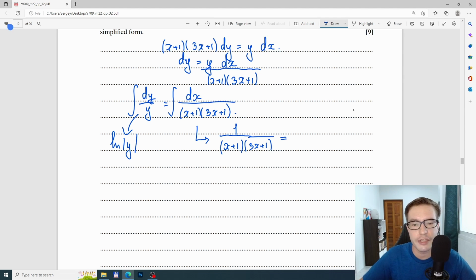And both factors in the denominator are linear, so that means our partial fractions are going to look like a over x plus 1 plus b over 3x plus 1. Now combine them together. Again, use the common denominator. So we're multiplying a by 3x plus 1. And we're multiplying b by x plus 1.